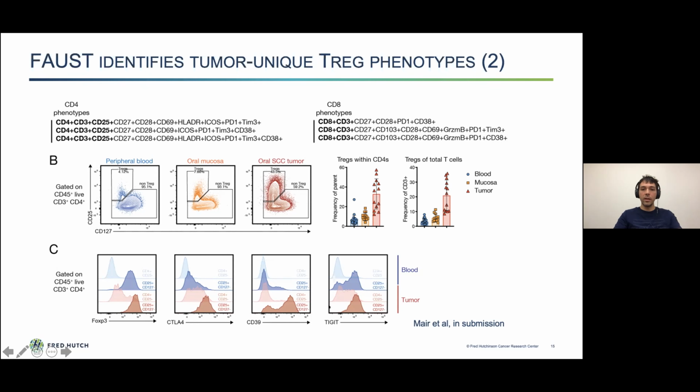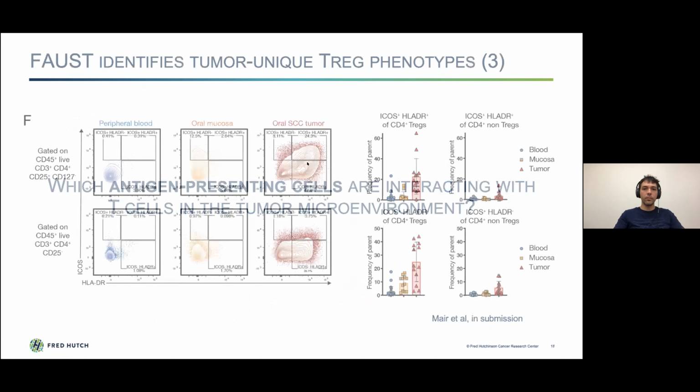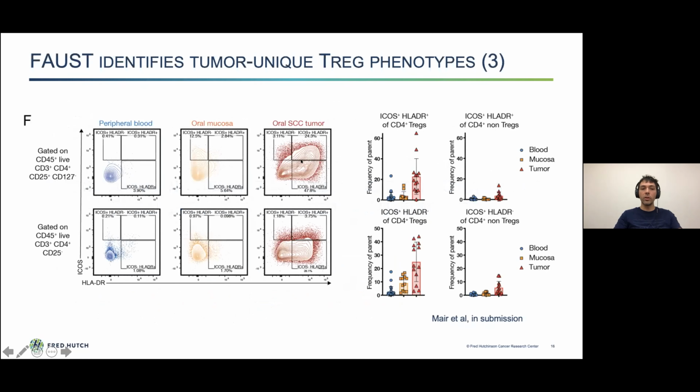And as you can see on these red histograms, the CD25 positive, CD127 negative cells are indeed bona fide TREGs. So that was by no means a surprise, but then we tried just using ICOS and HLA-DR to look at the phenotype of those TREGs.